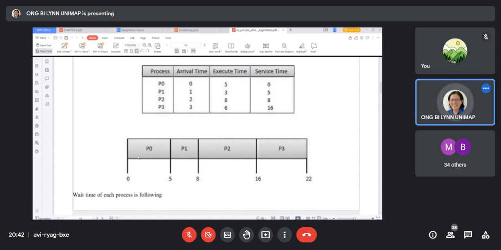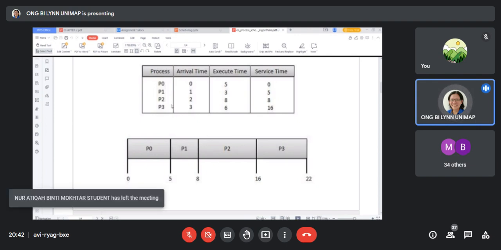By the time P naught has finished at 5 seconds, P1, P2, P3 are already inside the queue. We are going to execute P1 first.